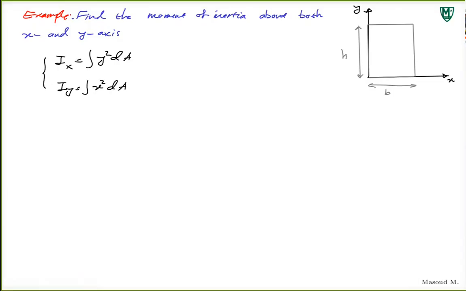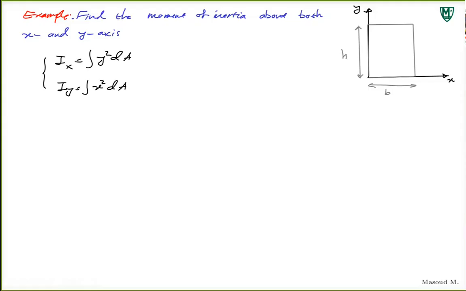Well, that we know. And remember, I told you previously that when we have this dA, that means this is a double integral. Right? So we have to convert this double integral into a simple integral. How do we do it?